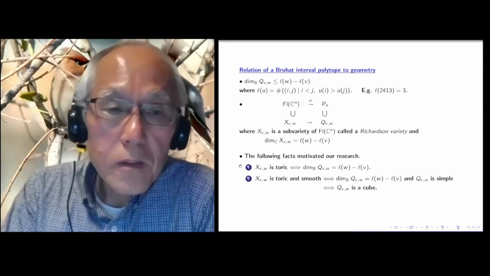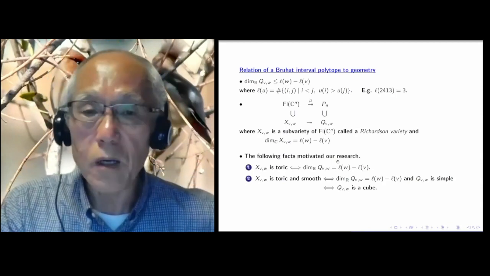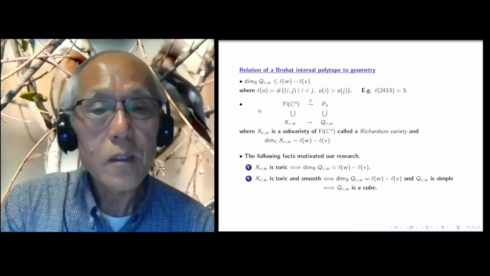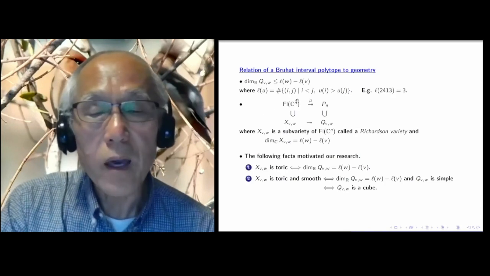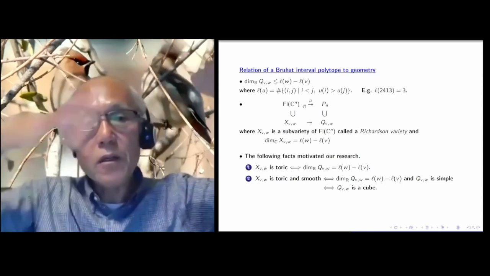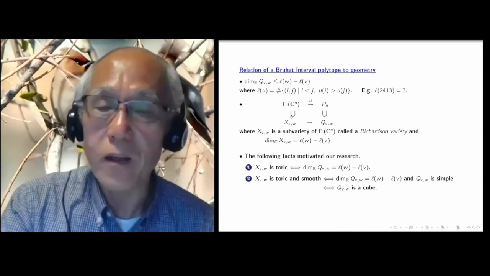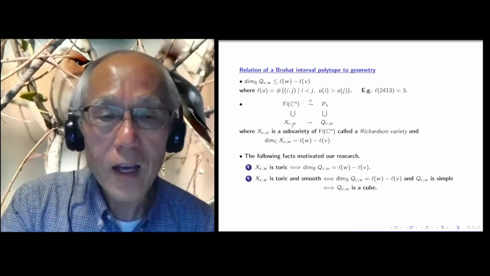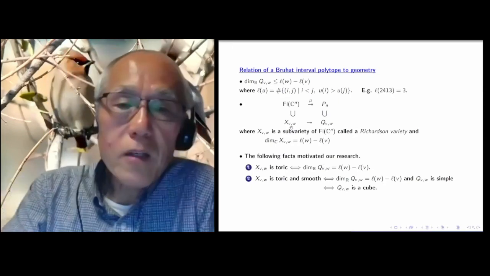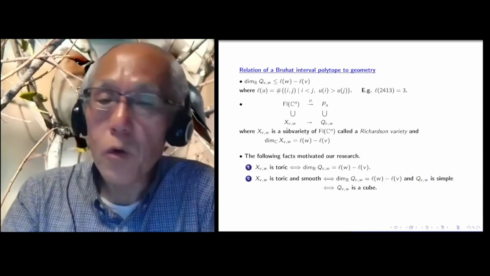The following facts can be proved, and they motivated our result. The torus T, the diagonal matrices, acts on C^n, and that action induces an action on the flag variety which preserves the Richardson variety X_{V,W}. So you can talk about whether X_{V,W} is toric or not with respect to that torus action.